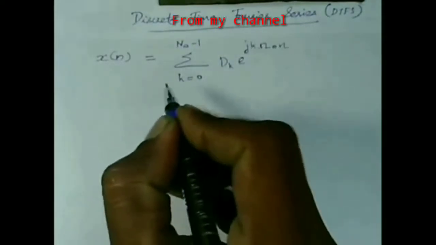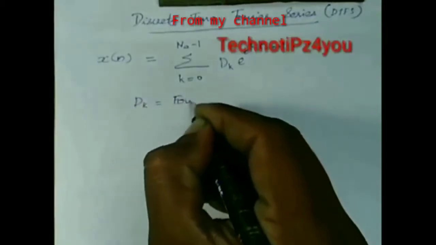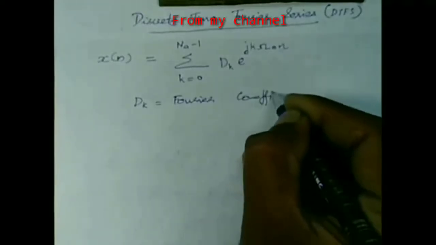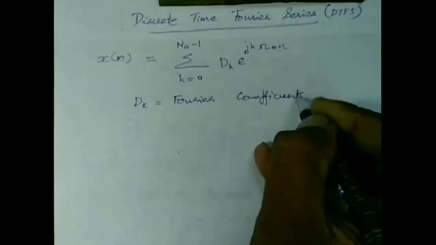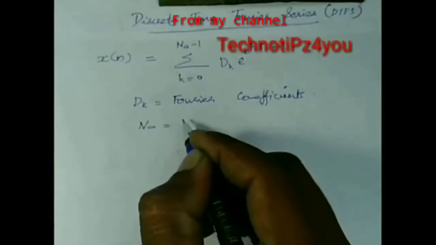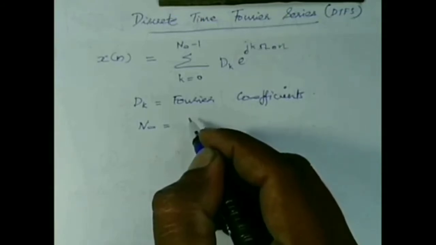d_k is known as the Fourier coefficients, and N0 is known as the fundamental period.